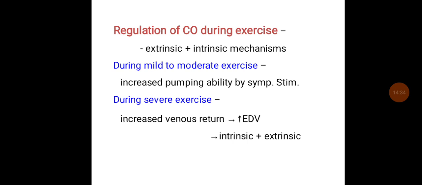During mild to moderate exercise, the cardiac output increases mainly by the sympathetic stimulation, whereas in severe exercise, because of intrinsic activity as well as extrinsic activity, it is going to improve the cardiac output. Okay, so here mainly the venous return increases with severe exercise, that increases the end diastolic volume, so the cardiac output is increased to many times.